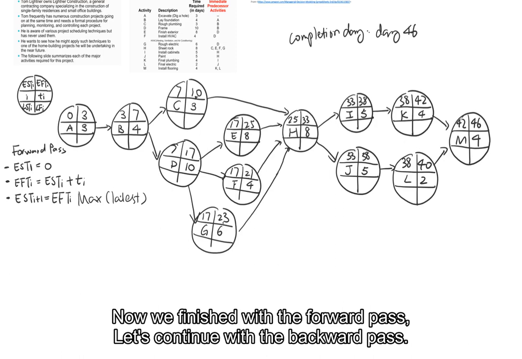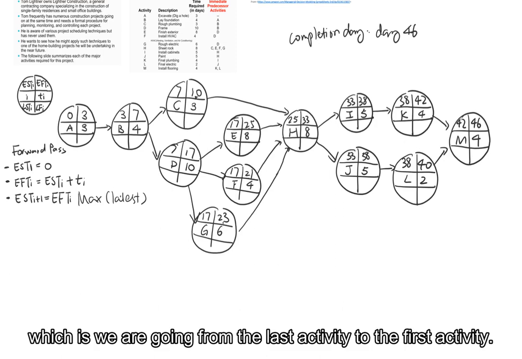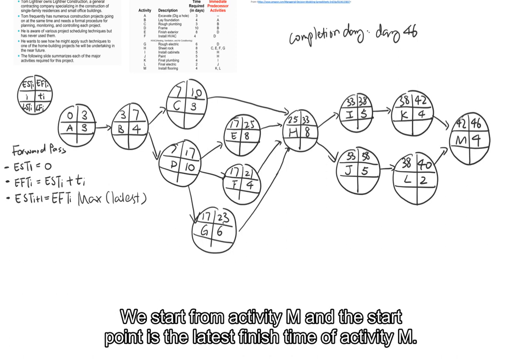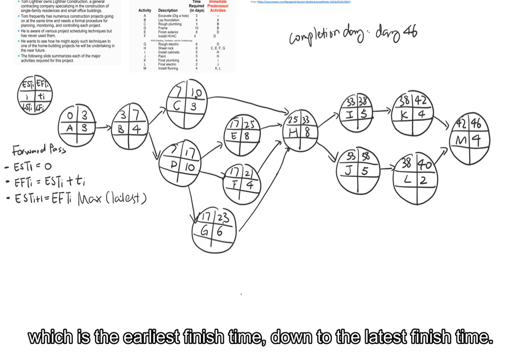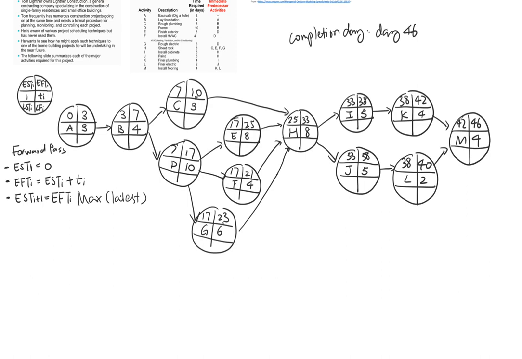Now we finish the forward pass, and now let's continue with the backward pass, which is we are going from the last activity to the first activity. And we start from activity M, and the start point is the latest finish time of activity M, and we will copy day 46, which is the earliest finish time, down to the latest finish time. 46, and 46 minus 4 is 42.